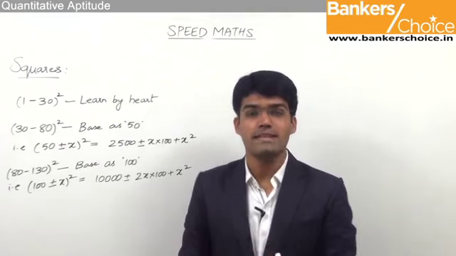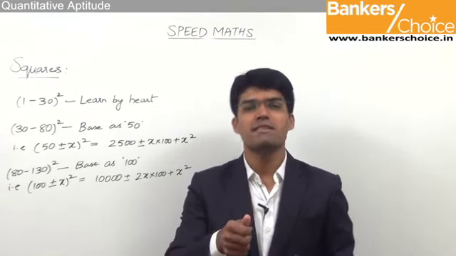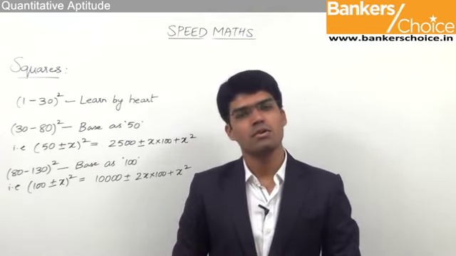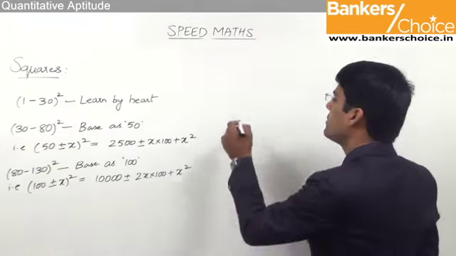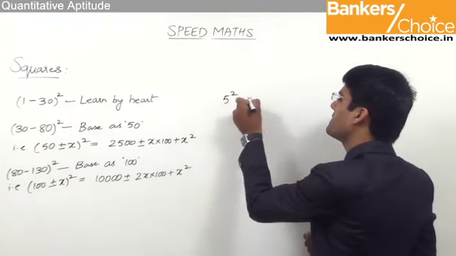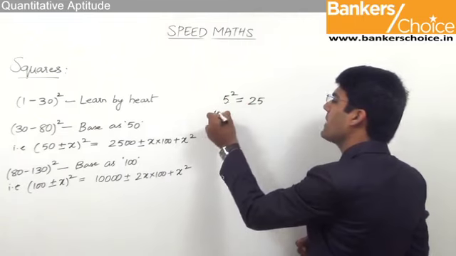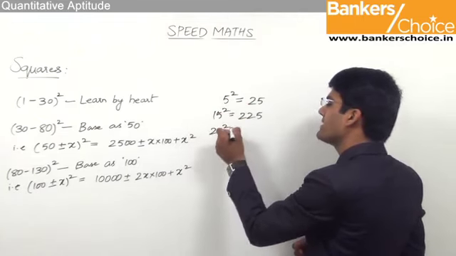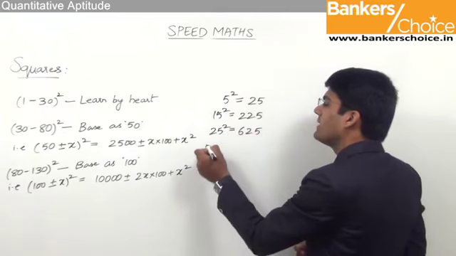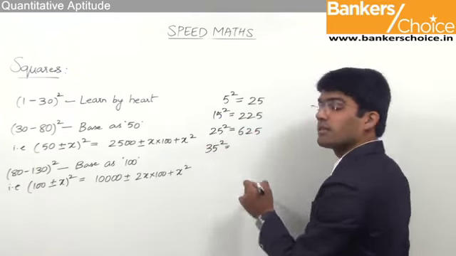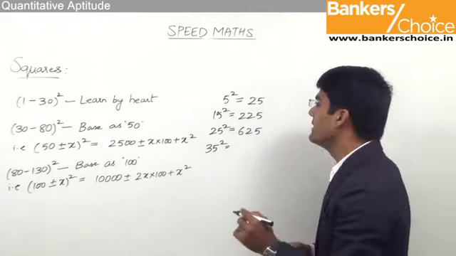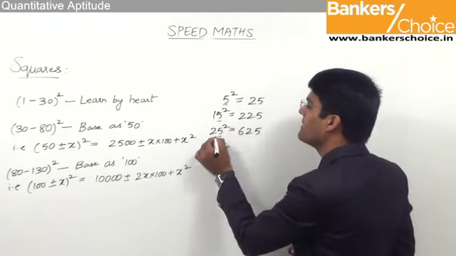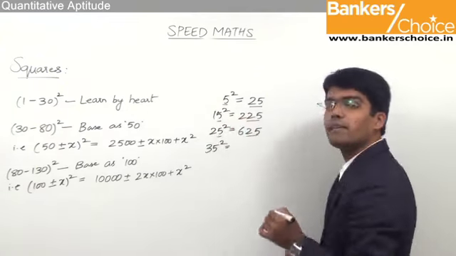Now this is a special case where finding squares of numbers ending with 5 is a very simple job. For example, we know that 5 squared is 25, 15 squared is 225, 25 squared is 625, and 35 square will be equal to what? Now if you try to understand the pattern here, whenever a number ends with 5, its square always ends with 25.